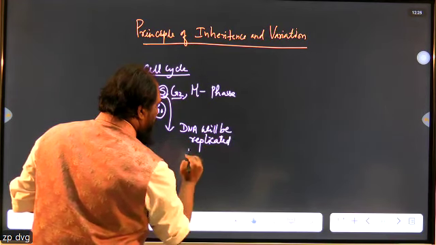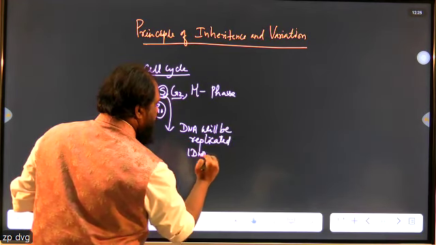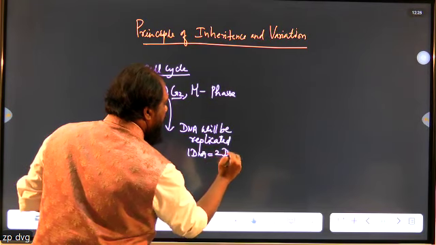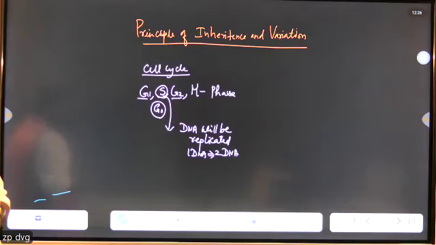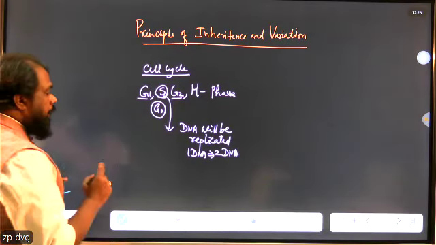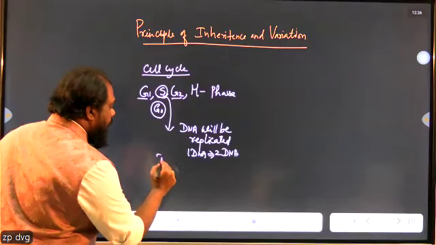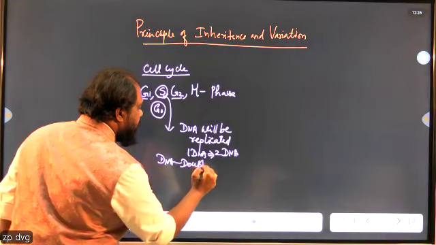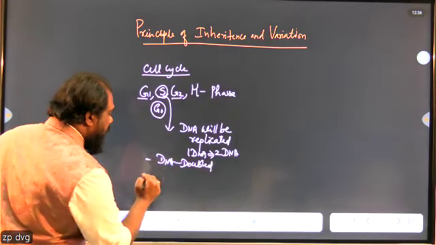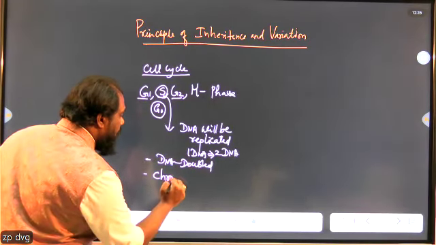That means if one DNA is there, it becomes how many DNA? It becomes 2 DNA. So you should understand the DNA will become doubled, but the chromosome number remains the same.